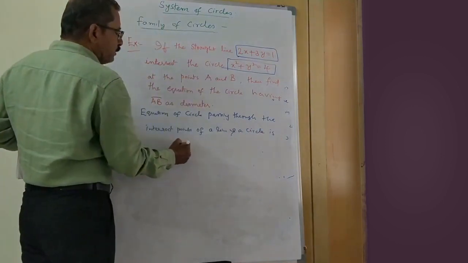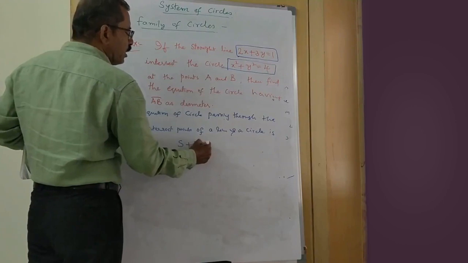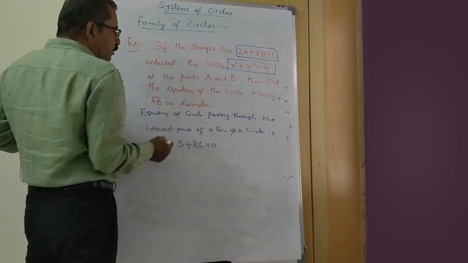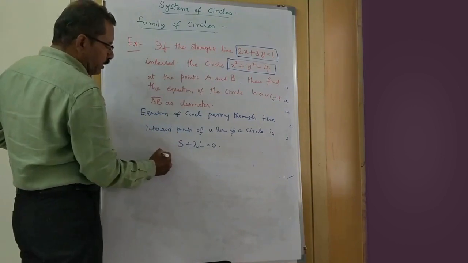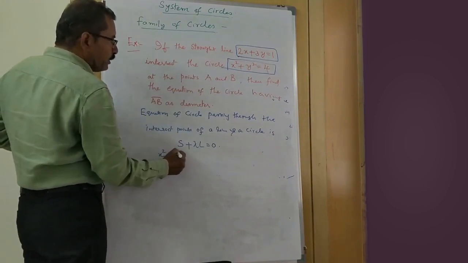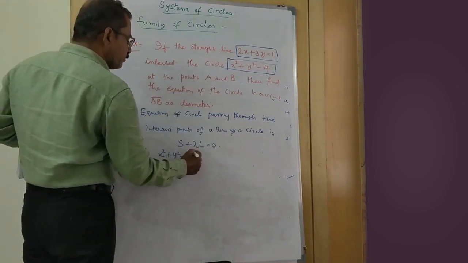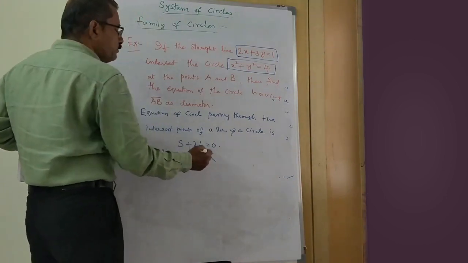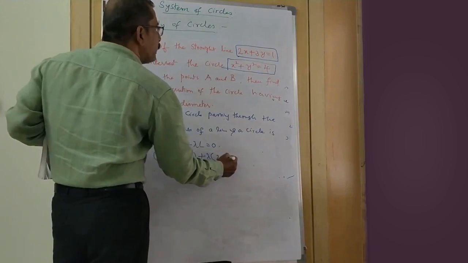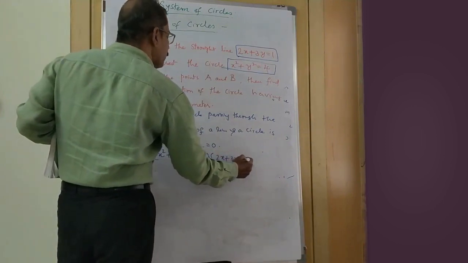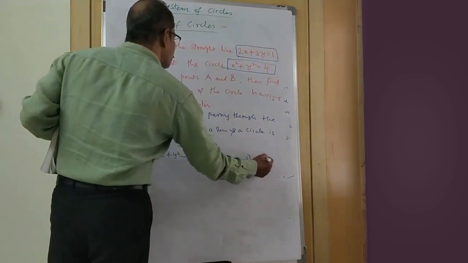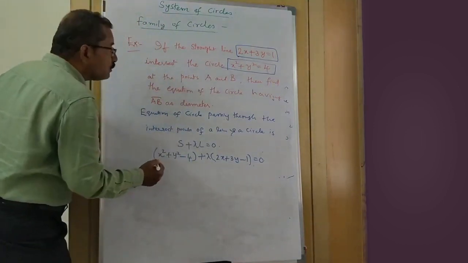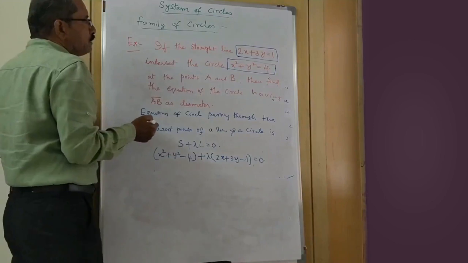It is S plus lambda into L is equal to 0. Okay. What is S here? x square plus y square minus 4 plus lambda into the line equation 2x plus 3y minus 1 is equal to 0. Right?